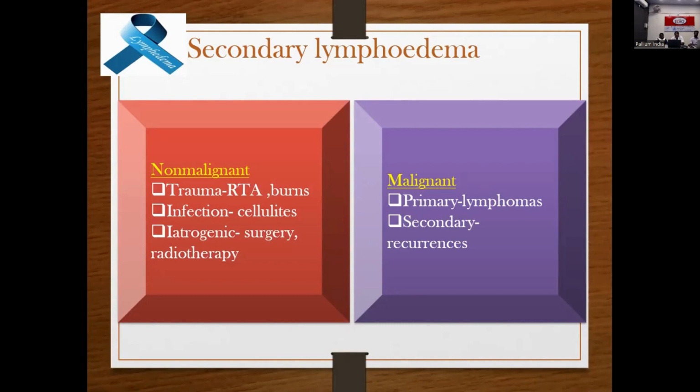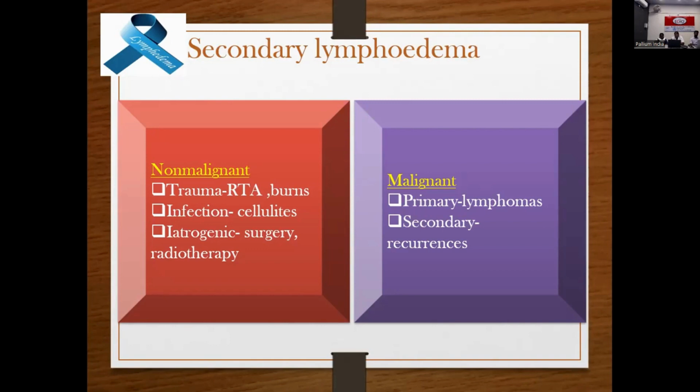Next is iatrogenic, something related to treatment. Sometimes during surgery there is a chance of removal of the surrounding lymph nodes also. You know, in some mastectomy patients the surrounding lymph nodes are also removed at the time of total mastectomy.